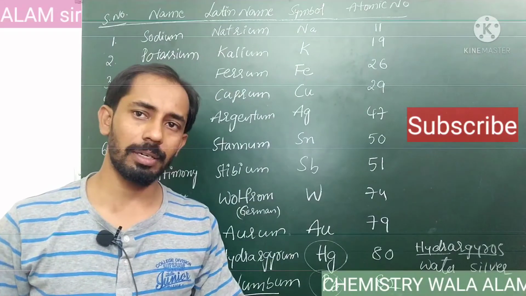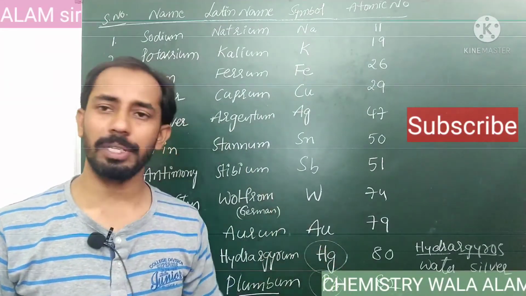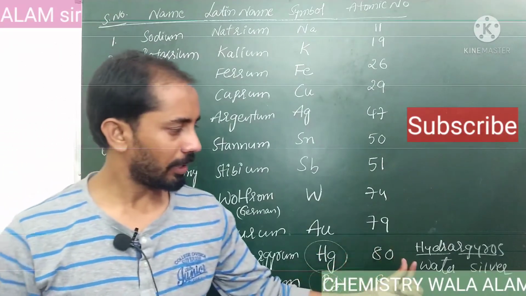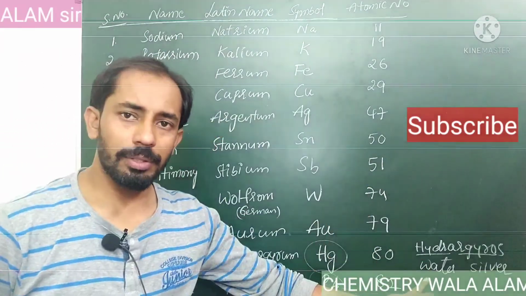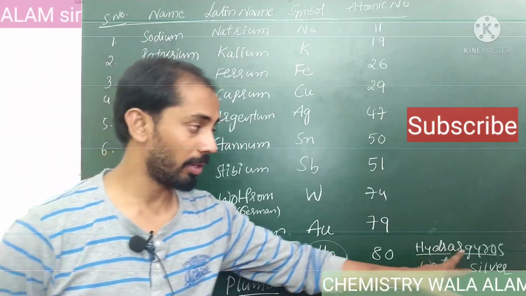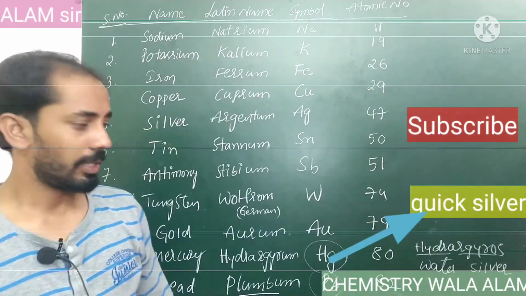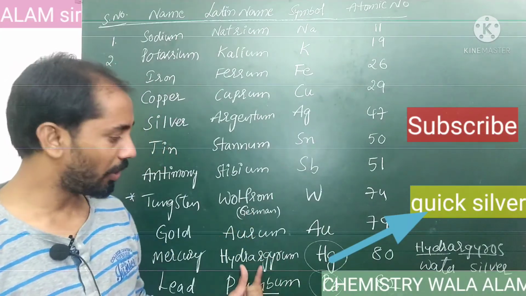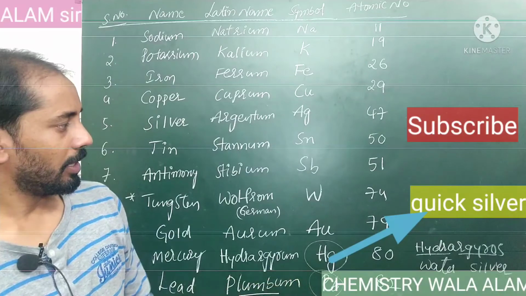Generally metals are solids, but the only exception is mercury, which is a liquid metal and looks like shiny silver. So that's why it is called hydrargyrum. Hydro, water, argyrus, silver.